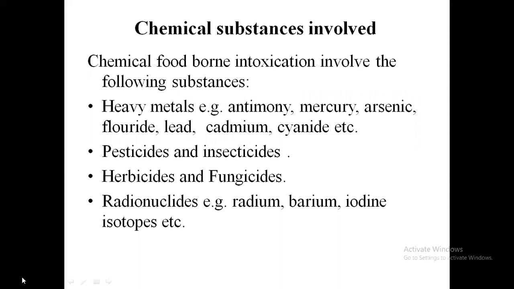A lot of chemical substances are involved: heavy metals like antimony, mercury, arsenic, fluoride, lead, cadmium, cyanide, and pesticides, insecticides used in agriculture, herbicides and fungicides, or radionuclides like radium, barium, iodine, and isotopes. Any such chemicals mixed in the food can act as a poison.